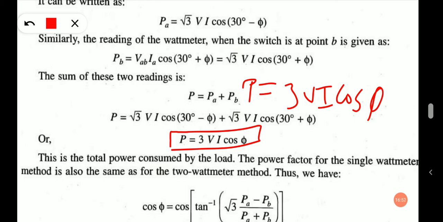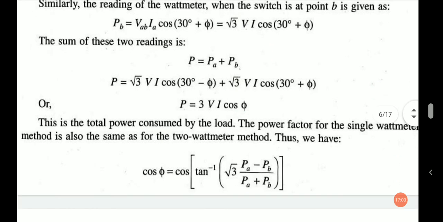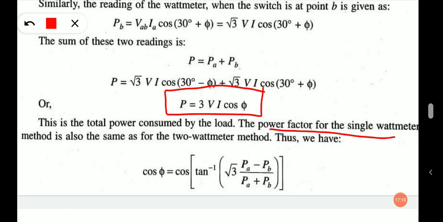The power factor for the single wattmeter method is also the same as for the 2 wattmeter method. So here it is mentioned that the total power consumed by the load we can get as P equals 3 VI cos φ, and the power factor for the single wattmeter method is also the same as for the 2 wattmeter method.